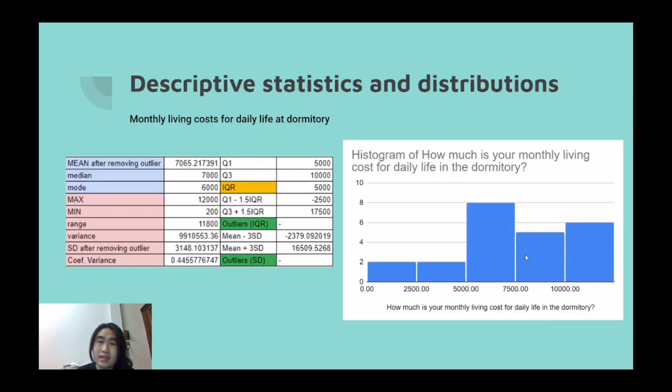In the descriptive statistics, I will present the monthly living costs for daily life at the dormitory. In this sample, we have a sample size of 23, and this is the histogram of this sample. On the x-axis is the monthly living cost for daily life in the dormitory, by the range of 2,500 baht.